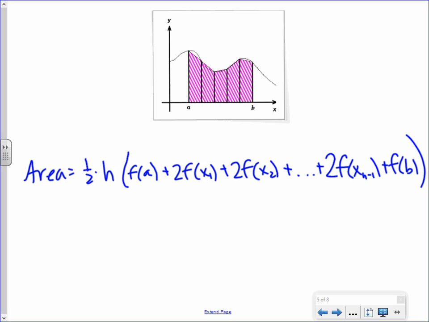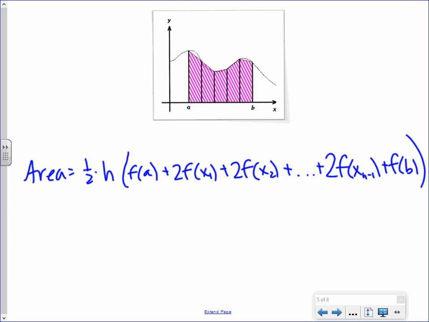Your first and last base are the most extreme, A and B, okay? They only appear once, but then all the other bases in between get added together twice. Remember, these bases are all going to be delta x apart, okay? So to get from one to the next, you just have to add that delta x.